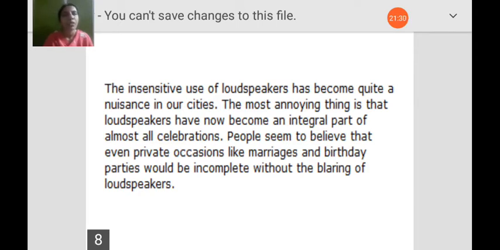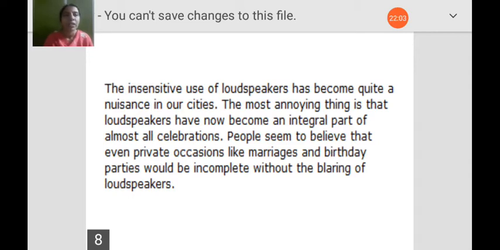The most annoying thing is that loudspeakers have now become an integral part of almost all celebrations. People seem to believe that even private occasions like marriages and birthday parties would be incomplete without the blaring of loudspeakers.